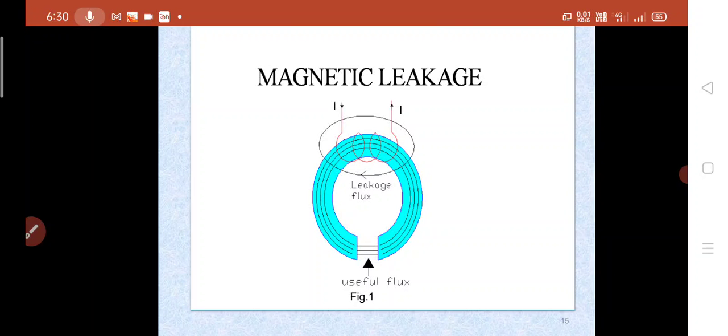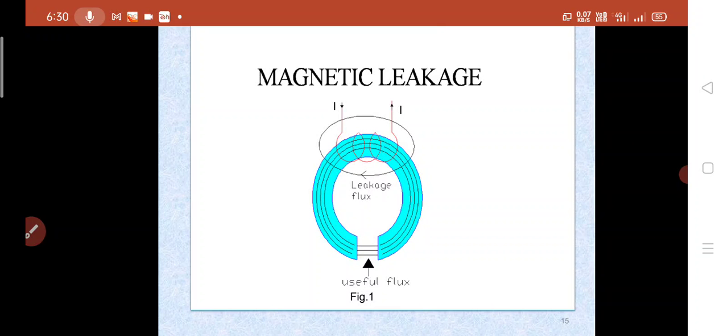Even in the best designed magnetic circuit, 15 to 20% of the total flux produced leaks away without being utilized.